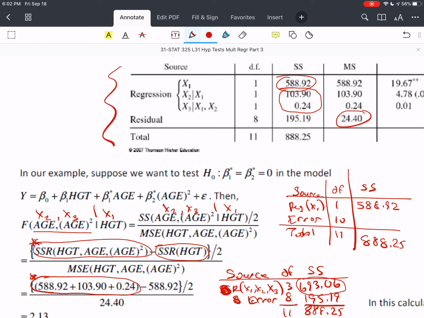It calculates the sum of squares regression, and then the difference between it and the total is the error, so 299.33. Okay?